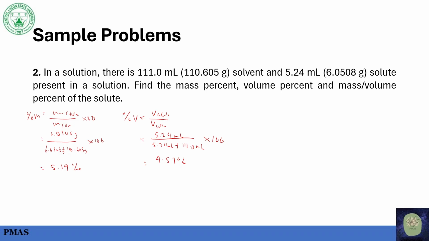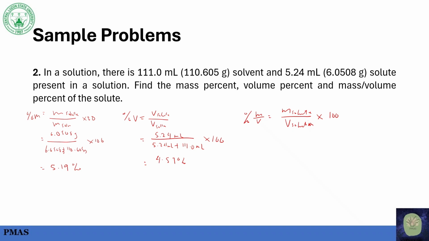Then, for percent mass by volume, you use the mass of the solute over the volume of solution, multiplied by 100.